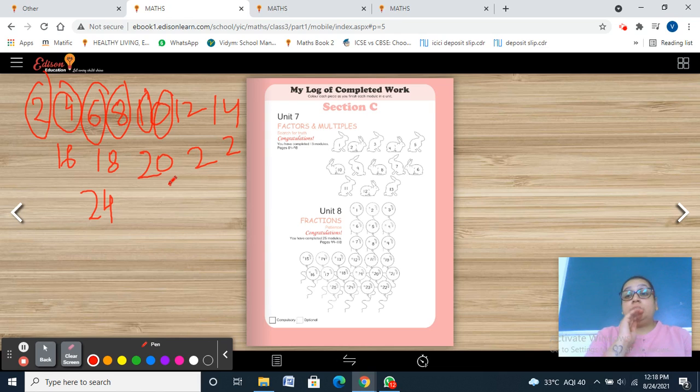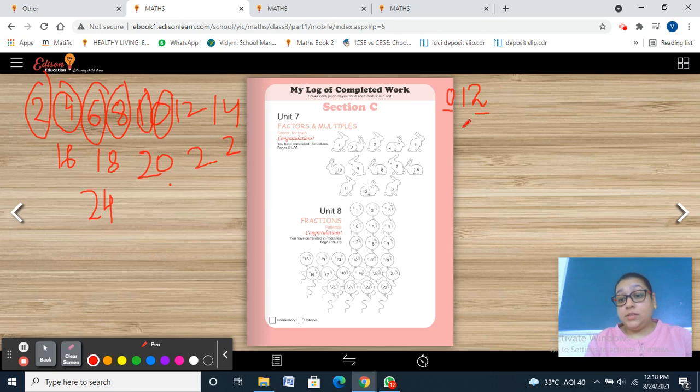So all the numbers in that particular table of 2 are even numbers. Or you can say every second number in your number line, starting from 1, or you can say starting from 0, 0, 2, then 0 is also an even number.